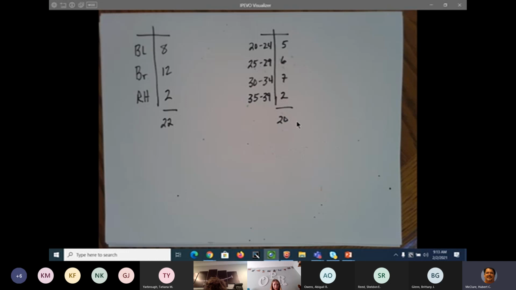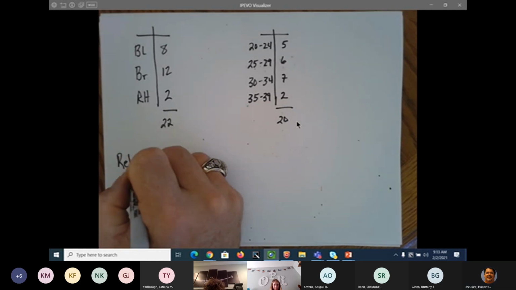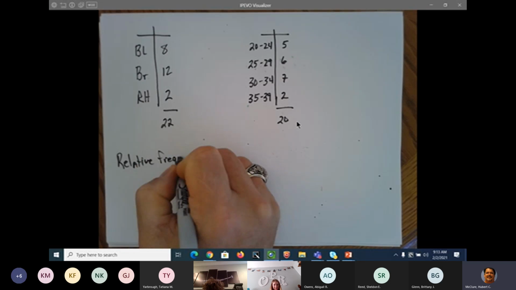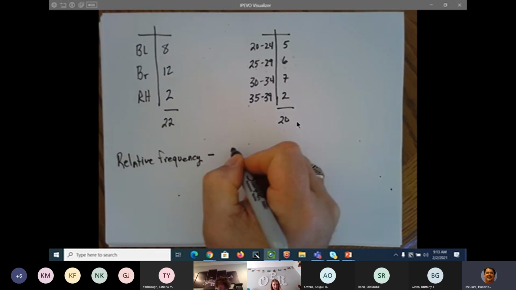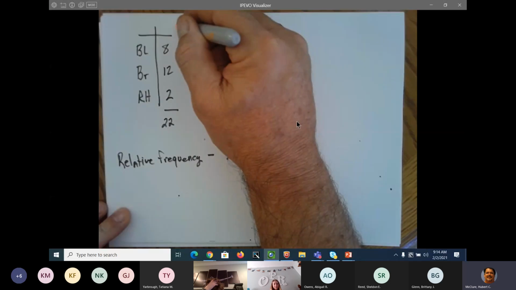Now, what are they going to ask for? They're going to ask for the relative frequency. The relative frequency is a 25-cent word for percent. So you're going to add another column, and I do everything in different colors.